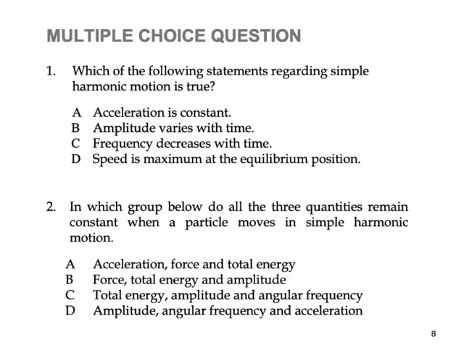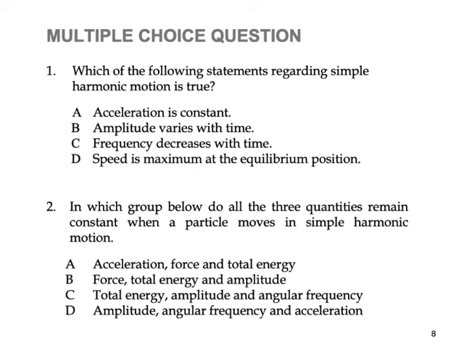Let's continue with multiple choice questions. First question, which of the following statements regarding simple harmonic motion is true? The answer is D. Speed is maximum at the equilibrium position because kinetic energy is maximum at the equilibrium position.